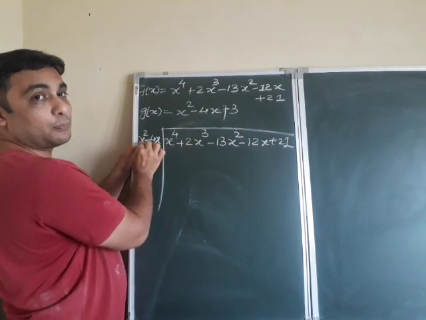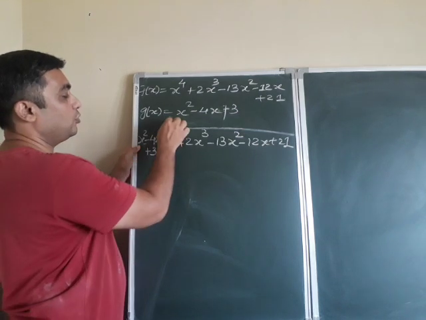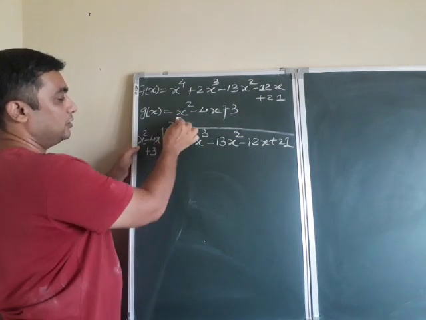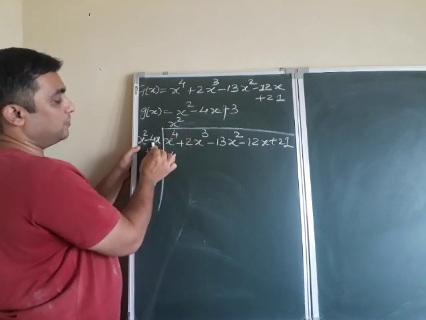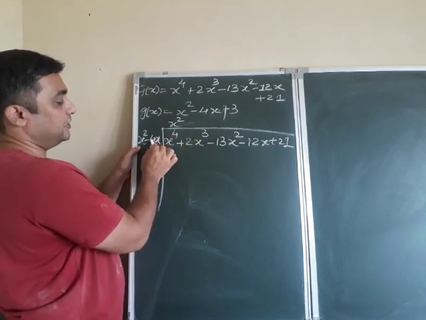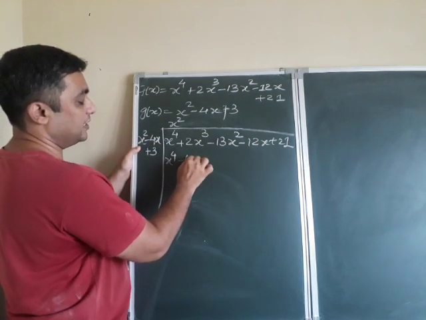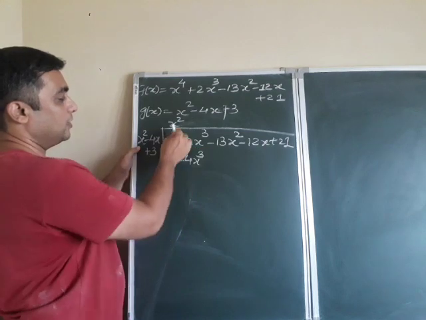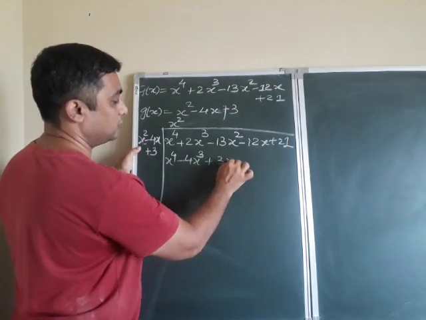So x raised to 4 upon x square, that is x square. Now x square into x square, x raised to 4. Now x square multiplied with minus 4x, so minus 4x cube. Now this x square multiplied with 3, so it is plus 3x square.